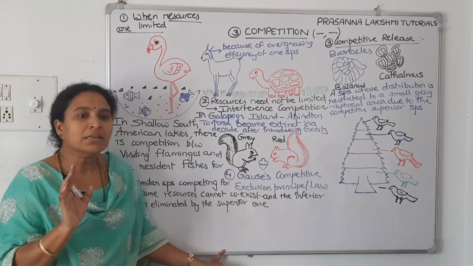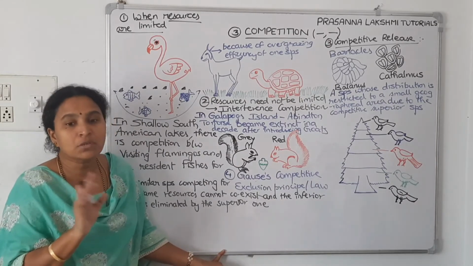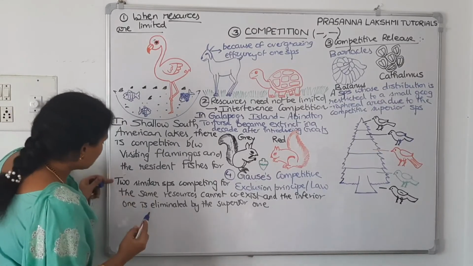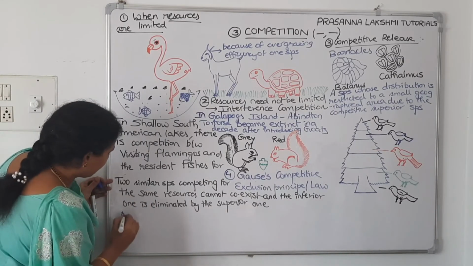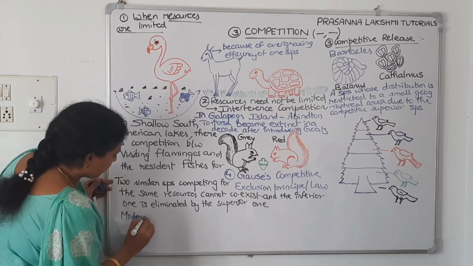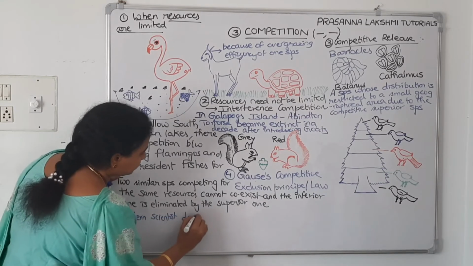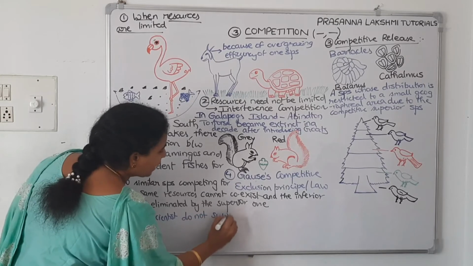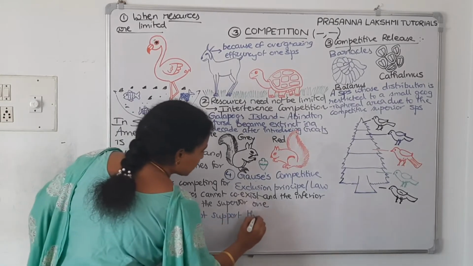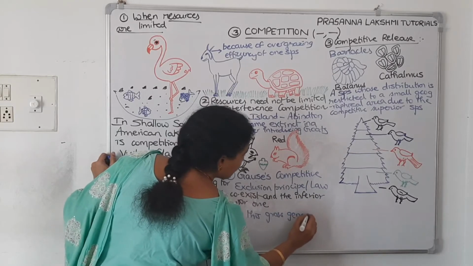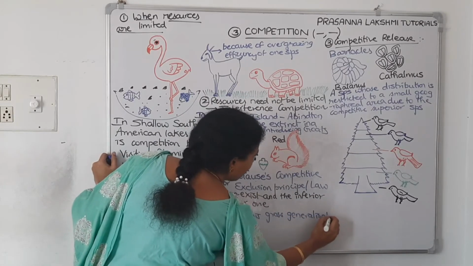But modern scientists, recent scientists, don't support this gross generalization. Why don't they support it? Let us see. So let us write down: modern scientists do not accept this gross generalization that Gause has told.